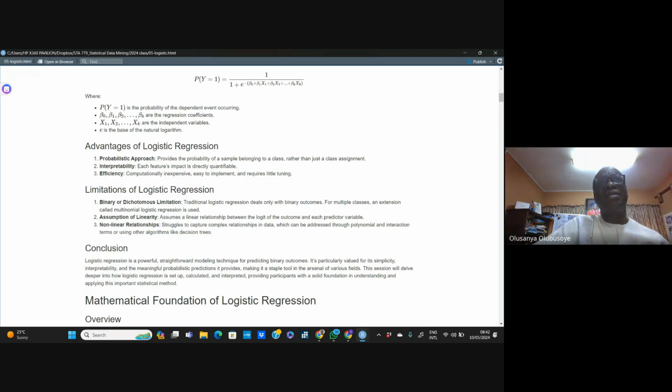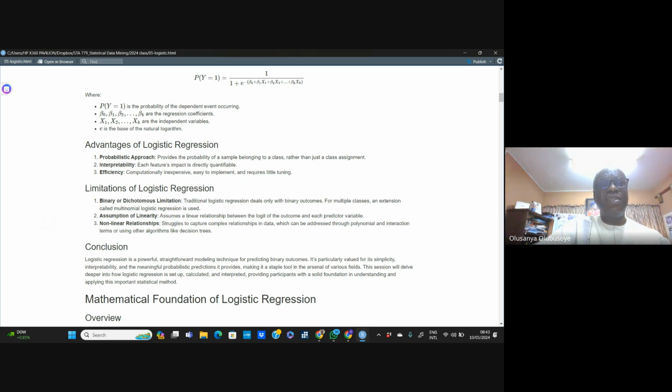It's not as tedious as other techniques. Only that if you compare the efficiency with that of linear regression, it is a bit computationally intensive. But the advantage there is that there are a lot of computational tools that have been developed to make it less expensive and very fast.